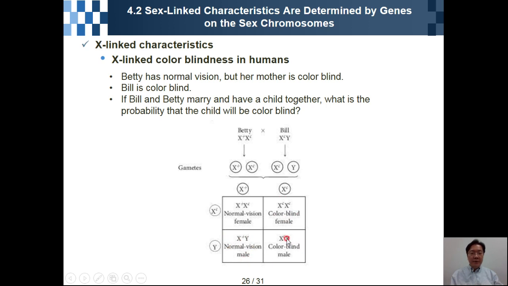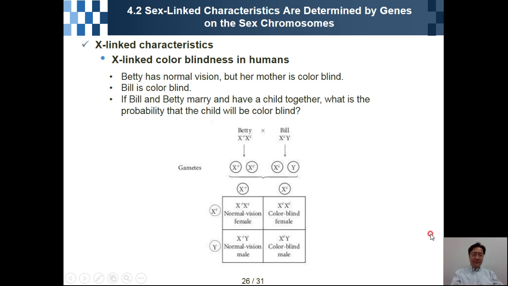X^C Y is a colorblind male. So what is the probability that the child will be colorblind? The total is 4, and among the 4, 2 will be colorblind. So it is 1 out of 2.